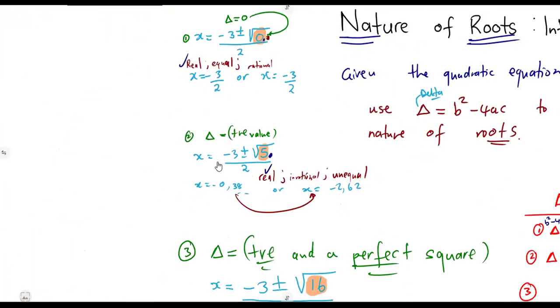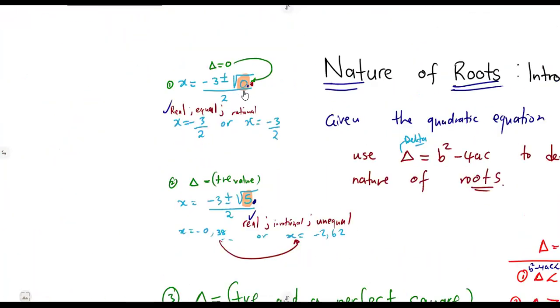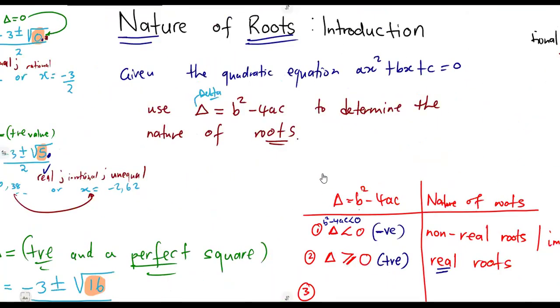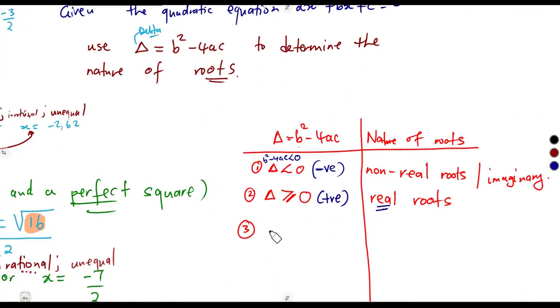When this one, the delta, is exactly equal to 0, the roots are going to be what? Real, equal, rational. When our delta is exactly equal to 0, remember the real part is there. So it means therefore our solutions are going to be real.